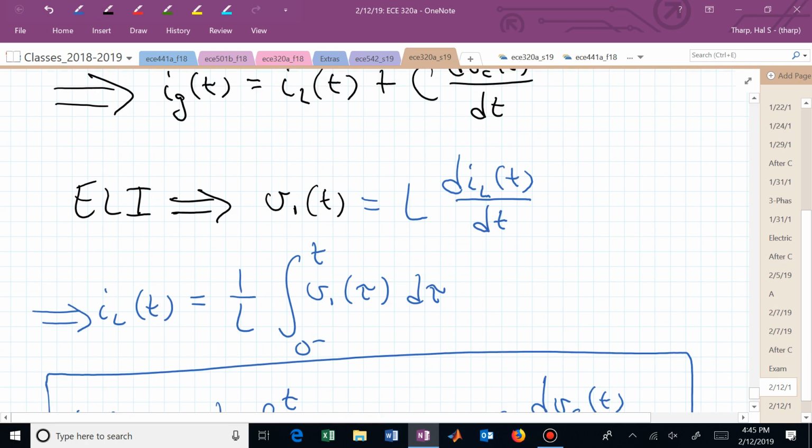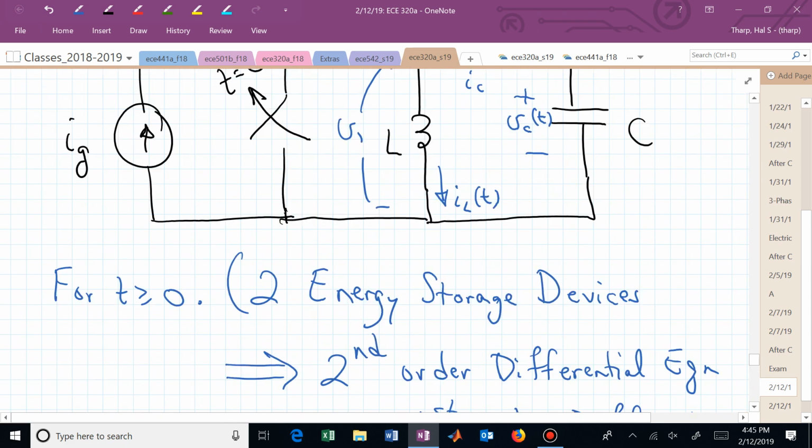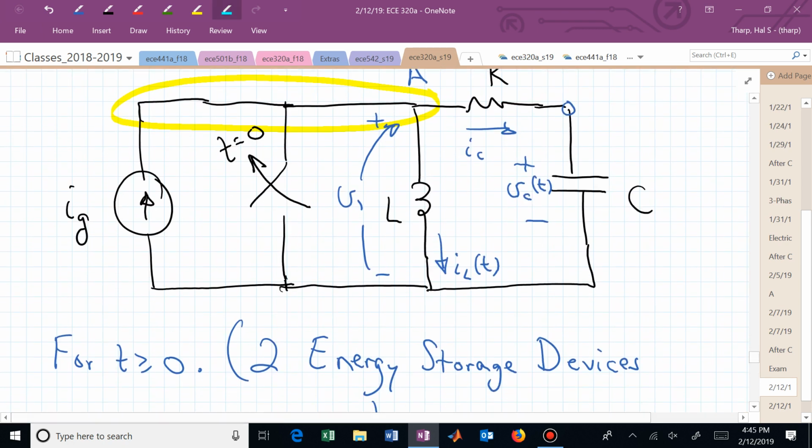What if we now said, can we write another equation? And another equation might be to write a KVL equation in mesh B. And that's what we want to do next, which is going to be, how will we write that?